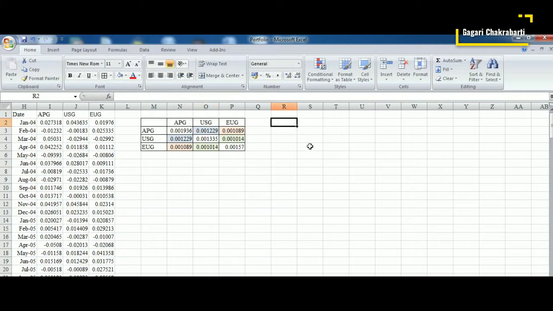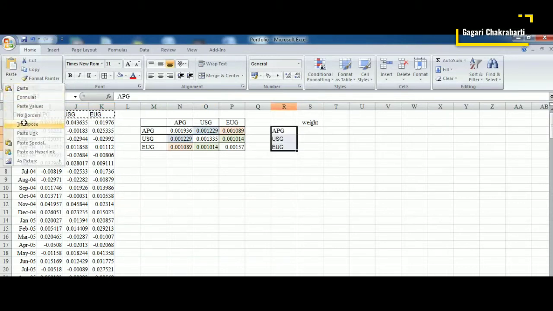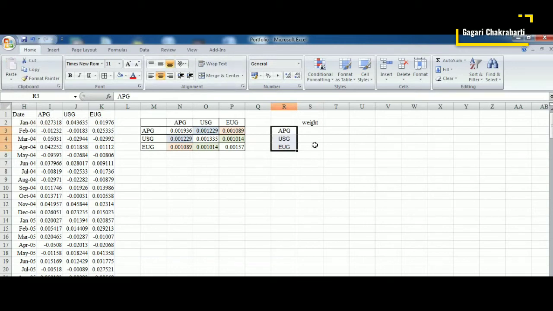To construct the portfolios, we shall start by assigning weights to the different assets that we have here. We have three assets here. To start with, we assume that all the three assets will be given equal weights, so that each asset will be getting a weight of 1/3.